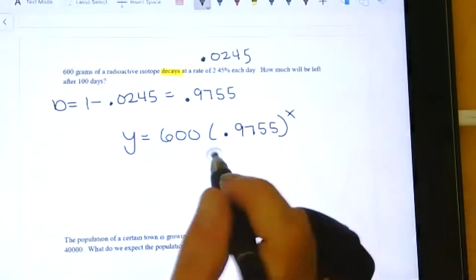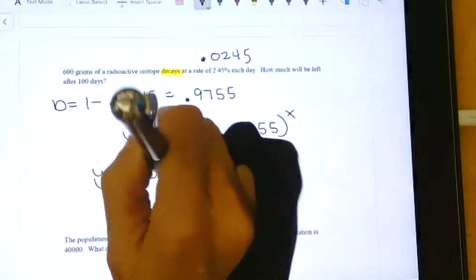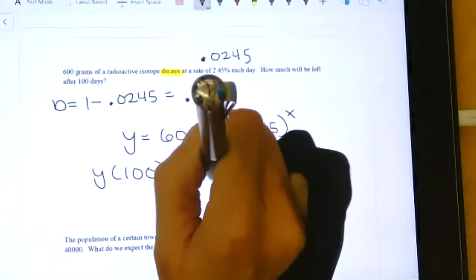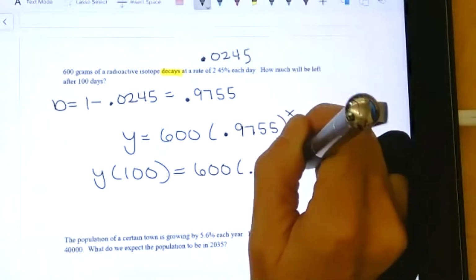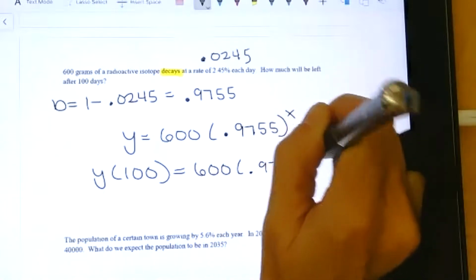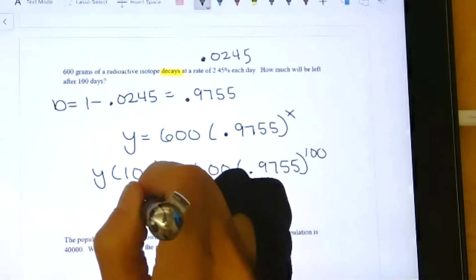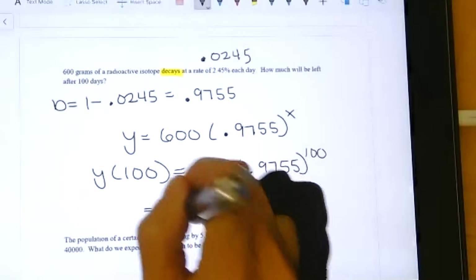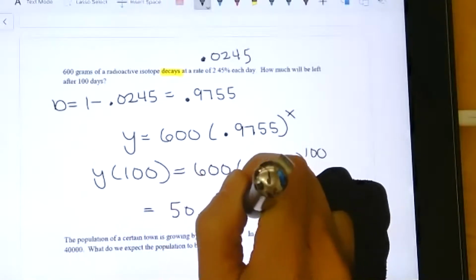Good. So 100 days. Let's figure out what's going on 100 days in to this lab experiment here. The 0.9755 raised to the 100th power. And I get 50.22 grams.